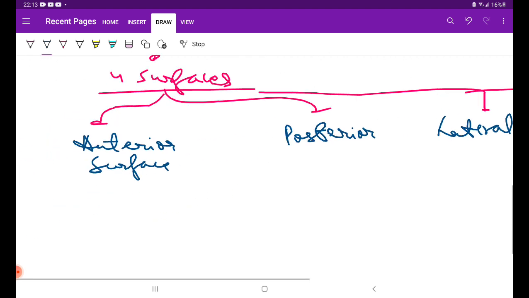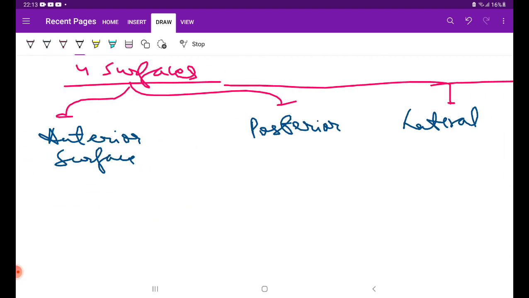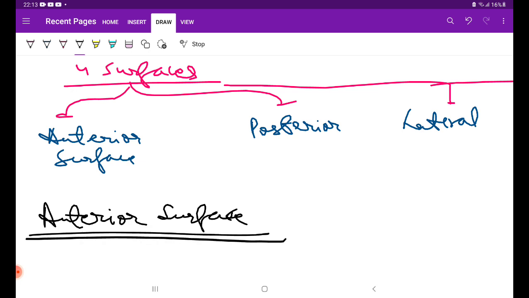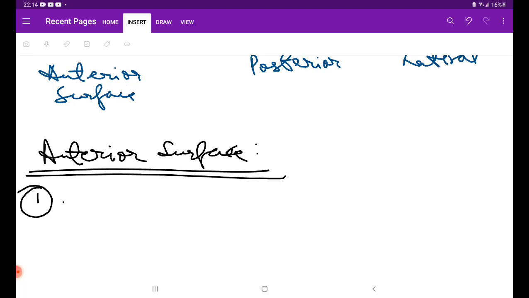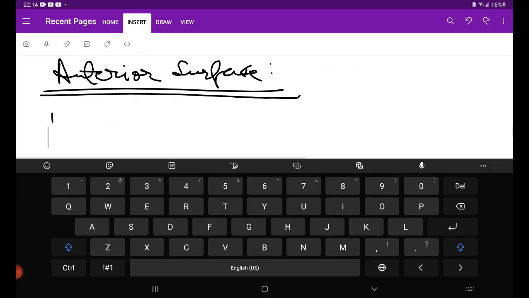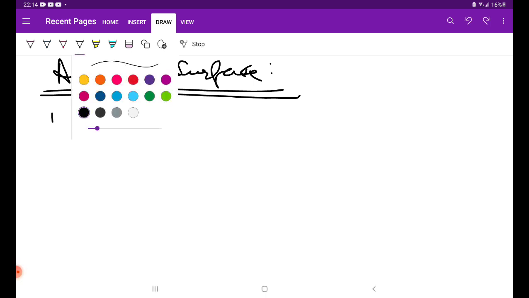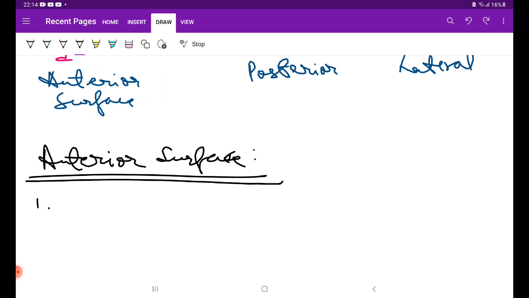Let us talk separately about each of these surfaces. Anterior surface. The first point related to anterior surface is that it is convex in structure.